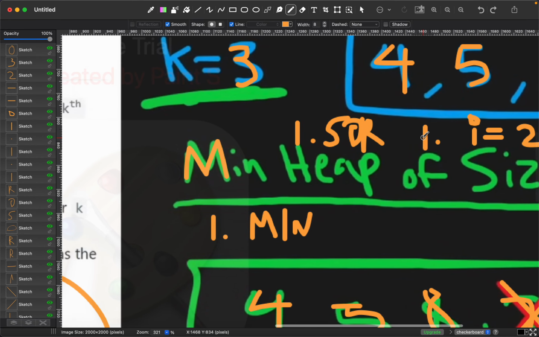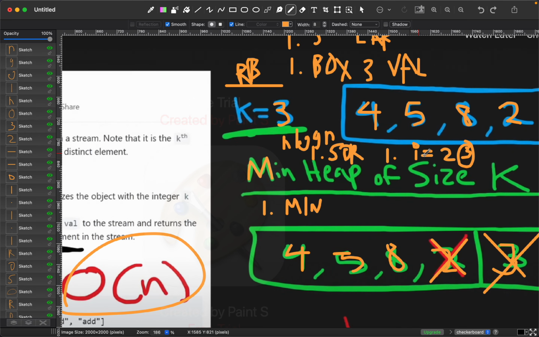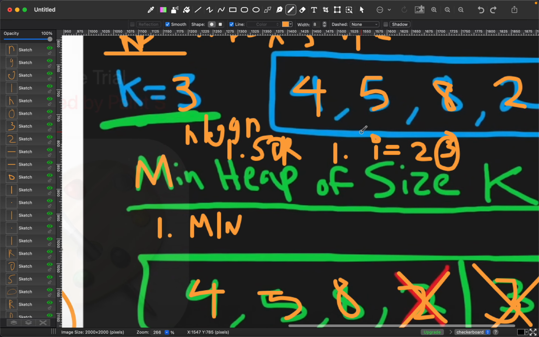So this whole operation for sorting is n log n for sure. Getting this index, is it n? I think I don't know. Yeah, this is how I'm going to do it.